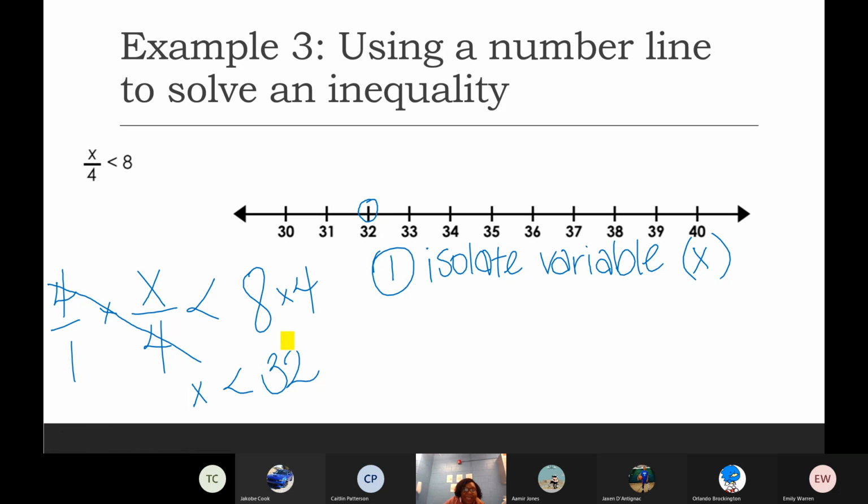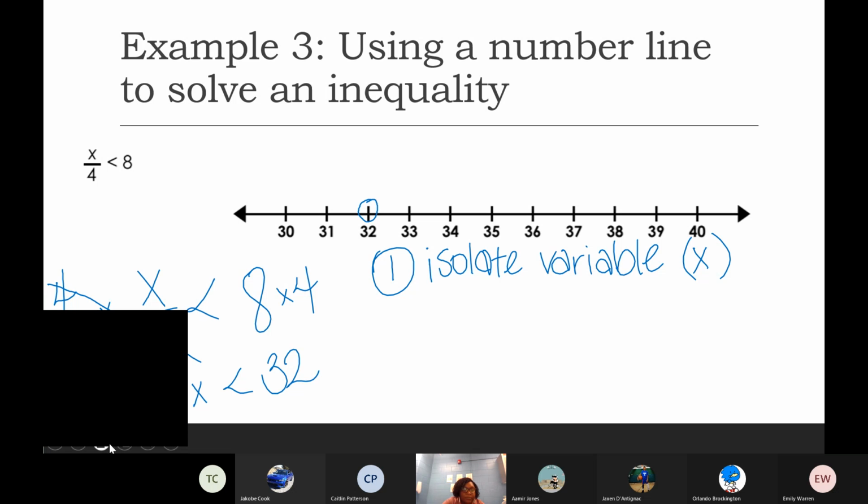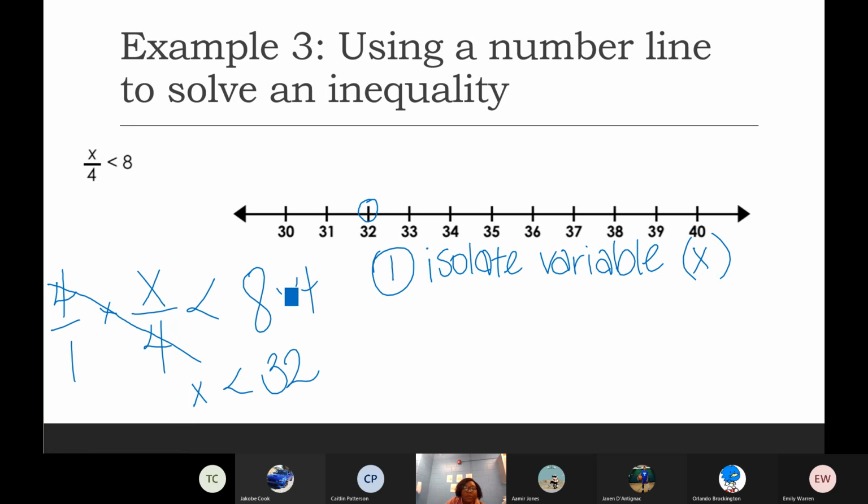I'm going to shade this way. What this is telling us is that any number less than 32 could be X. Let me say that again.